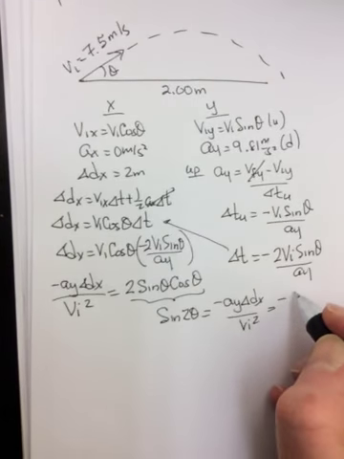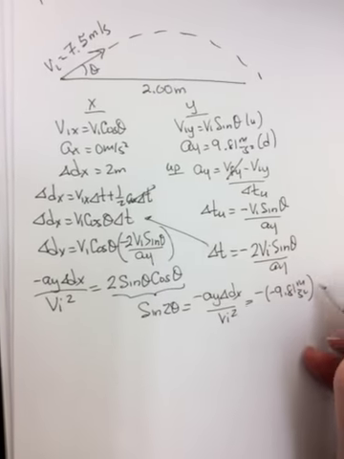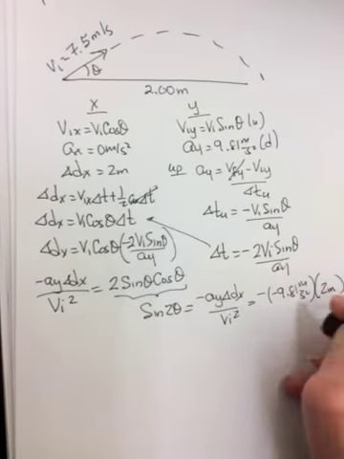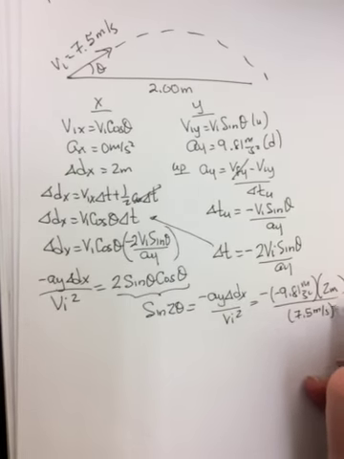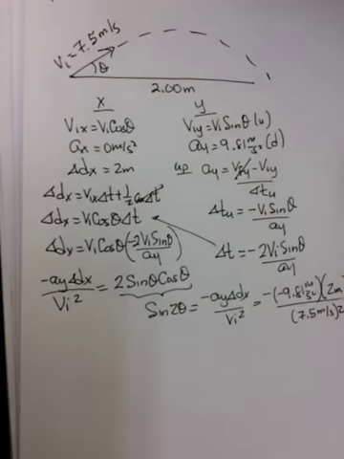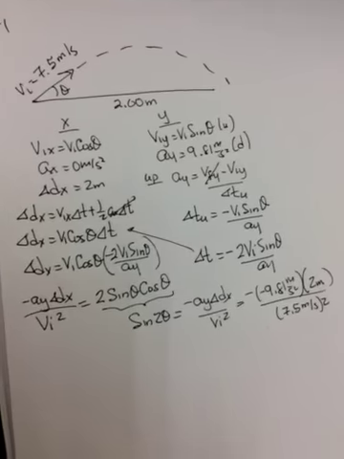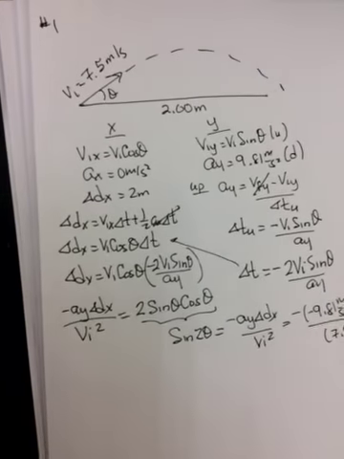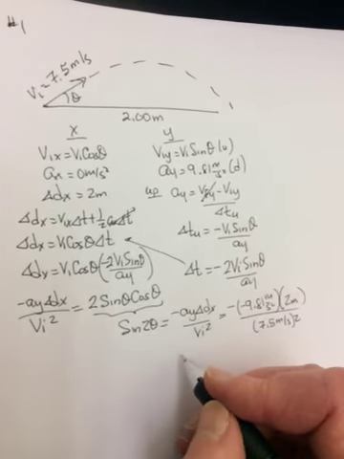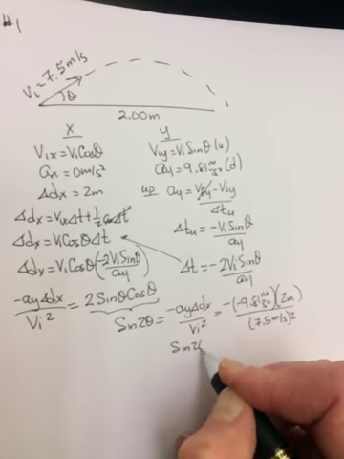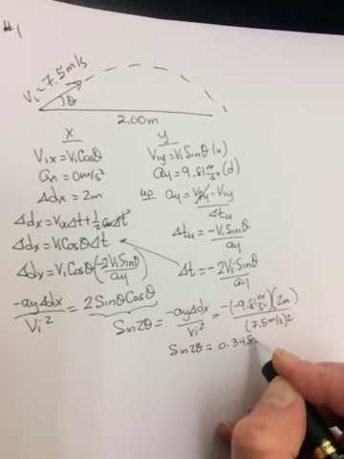So negative 9.81 meters per second squared times 2 meters divided by 7.5 meters per second squared. Okay, and when you do this, if only I had the answers so that I don't have to waste a lot of time. Somewhere I do. When you do this, you get sine 2 theta to equal 0.3484.